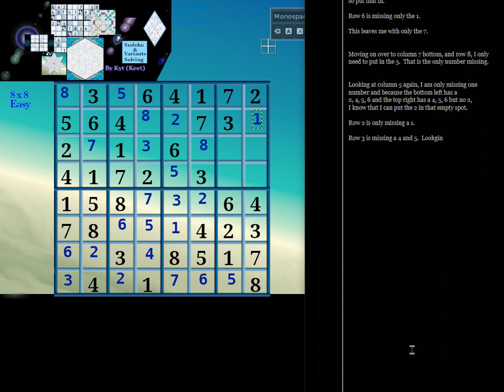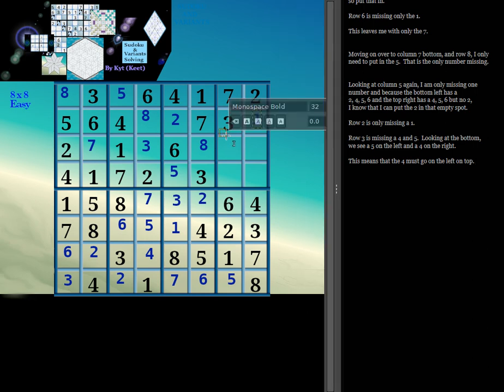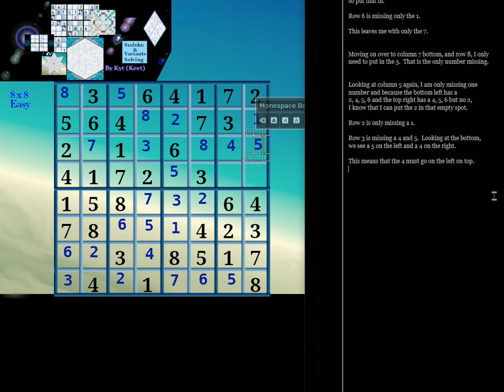Looking at the bottom, we see a 5 on the left and a 4 on the right. This means that the 4 must go on the left on top, and the 5 goes in the right on top.